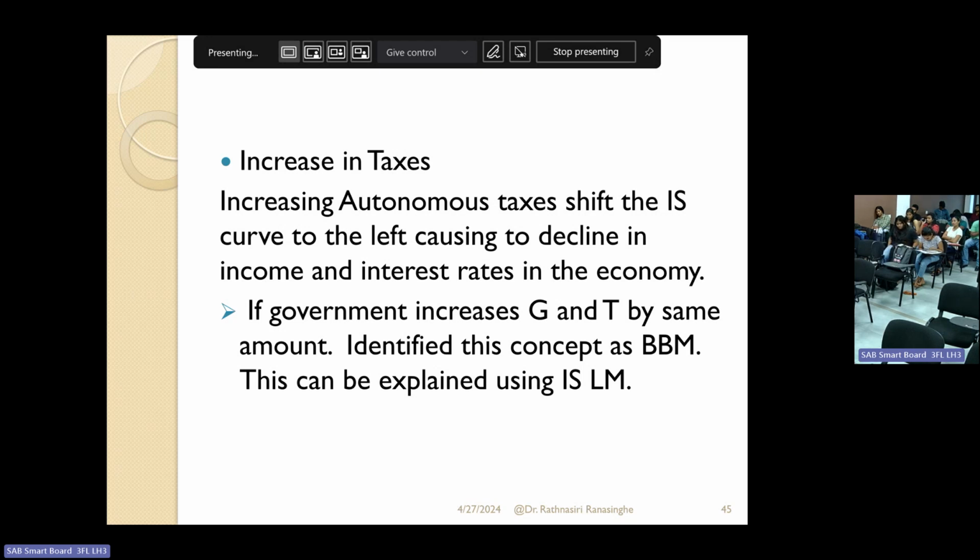When there is a decline in the interest rate, what happens? You know the money demand function, M0 plus M1Y minus M2r. Earlier income reduced, therefore money demand reduced under the transaction and precautionary motives.